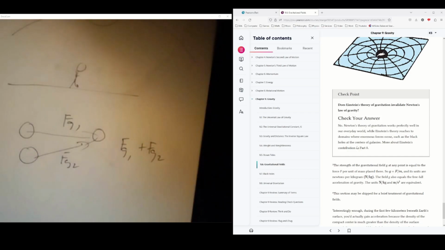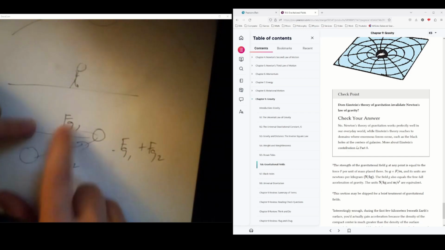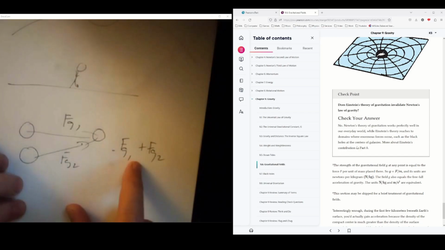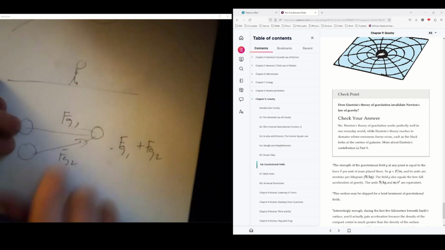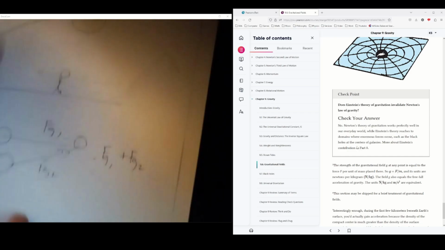In math, we call that linear superposition, that the total sum of the forces is just summing the forces individually. That's something you can do vectorially with Newton's gravity, but not something you can do with Einstein. You just can't sum these individual pieces and get the total gravitational force with Einstein's general relativity.